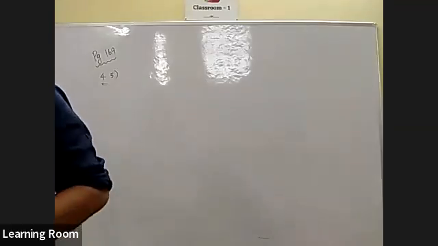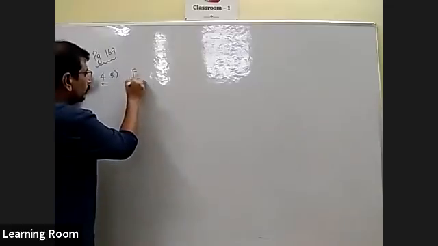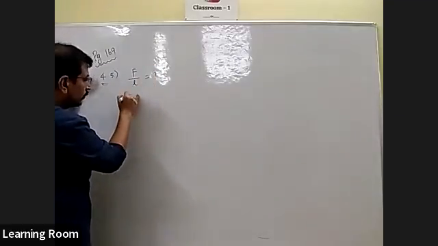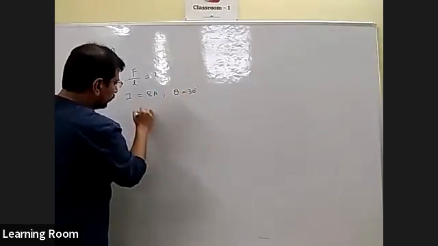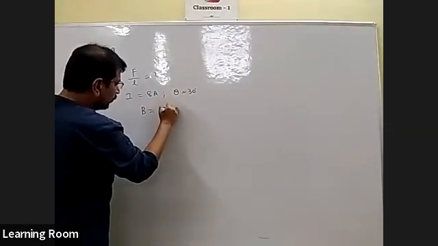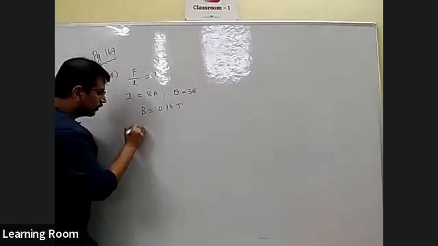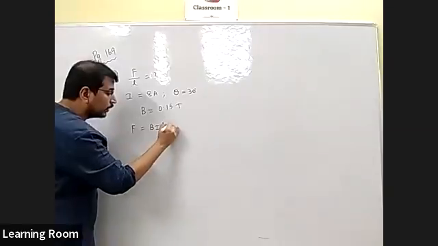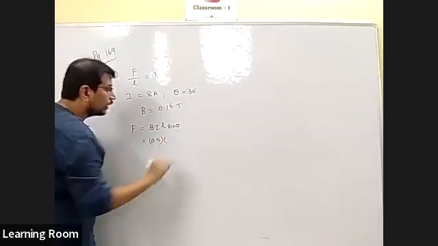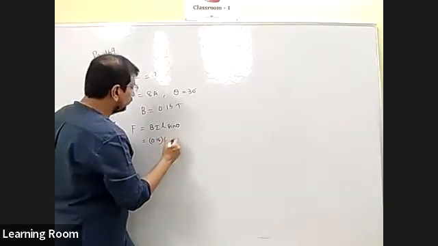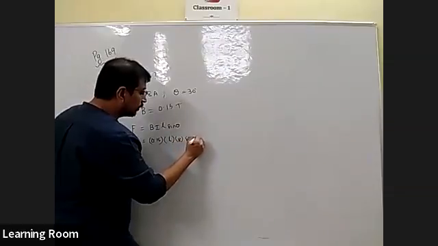What is the magnitude of magnetic force per unit length on a wire carrying a current of 8 ampere and making an angle of 30 degrees with the direction of a uniform magnetic field of 0.15 Tesla? You can solve it easily. So F is equal to B I L sin theta. B is 0.15, L is not known, current is 8 ampere, into sin 30 degrees.